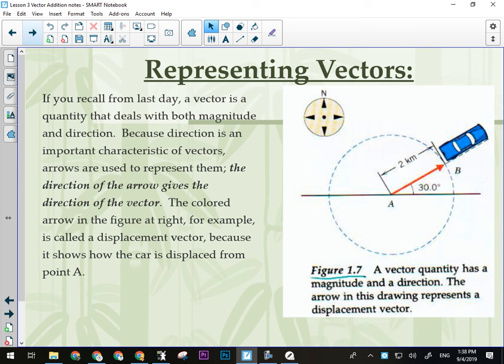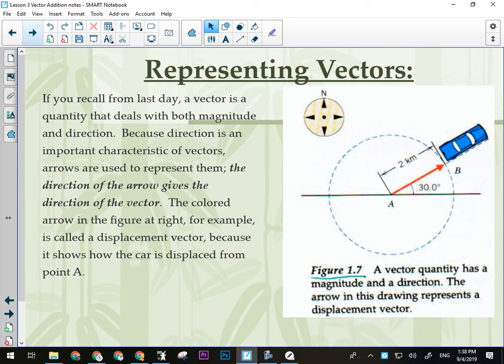We represent the magnitude of the vector quantity with the arrow's length, right? So if I have a 1 kilometer vector and a 2 kilometer vector, the arrows I would draw would be different, right? One of them would be half as long as the other. We use the length of the arrow to represent the magnitude of the vector quantity. Okay, everyone follow me on that?